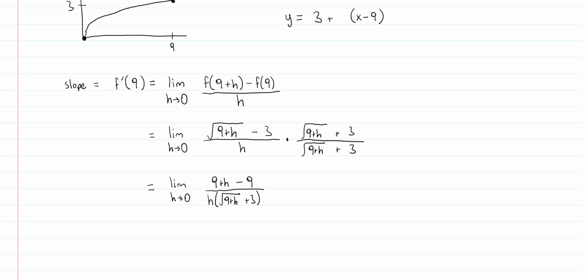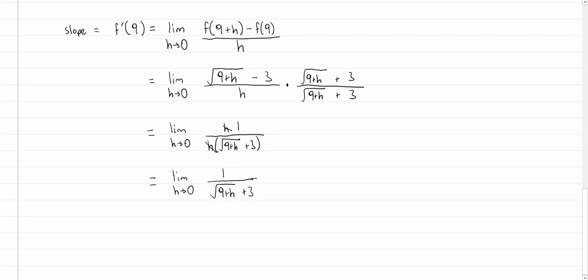At this point in the numerator, 9 minus 9, they'll cancel each other out. After the 9's cancel out, we can also cancel out these h's. That leaves us with the limit as h approaches 0 of 1 over the square root of 9 plus h plus 3.